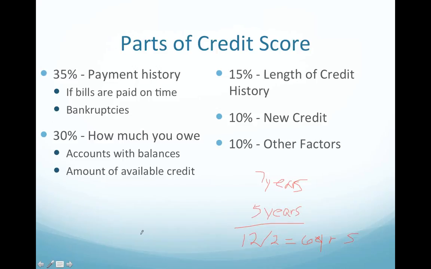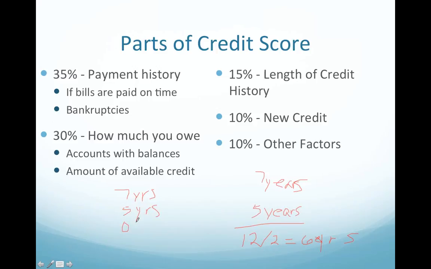Now let's say you decide tomorrow you're going to go get yourself a brand new credit card and add it to this account. Now bear in mind that this is going to affect your credit score by 15%. That's like going from a 90 to a 75 on a grade. So you go out and get yourself a credit card tomorrow.